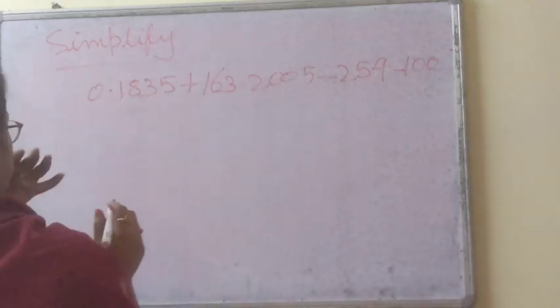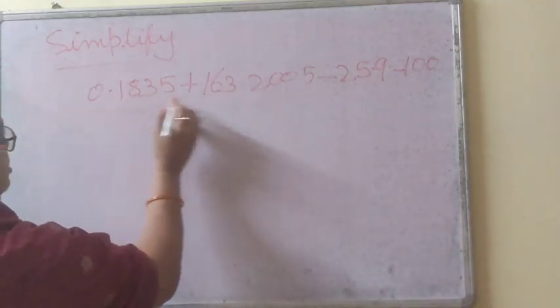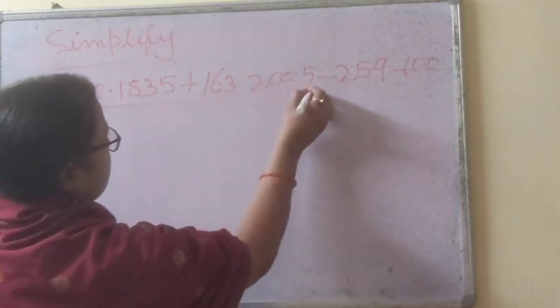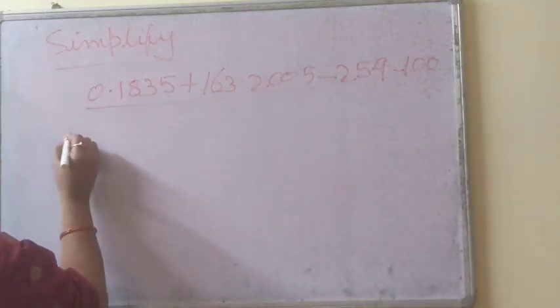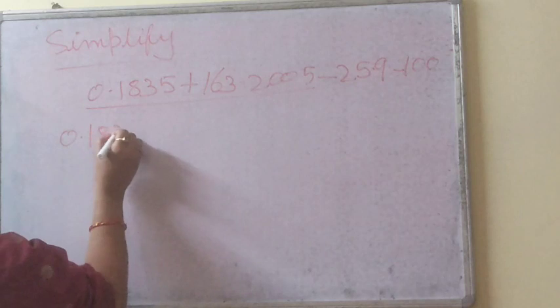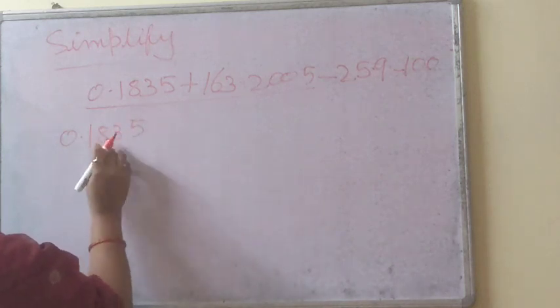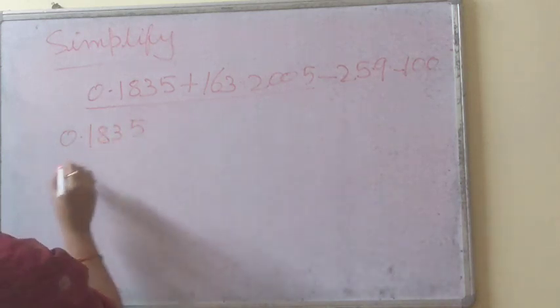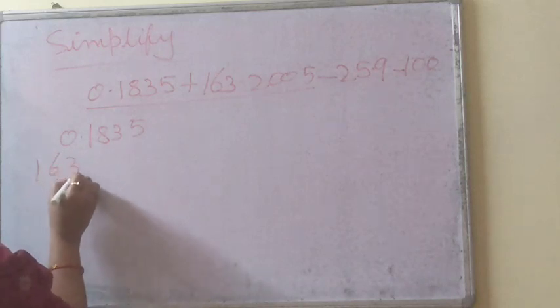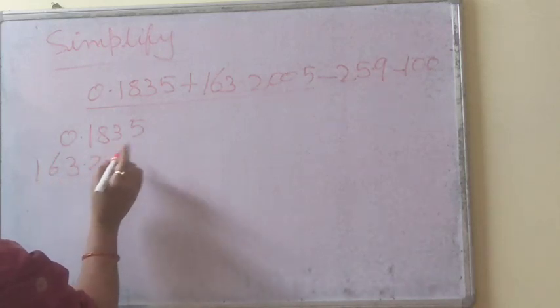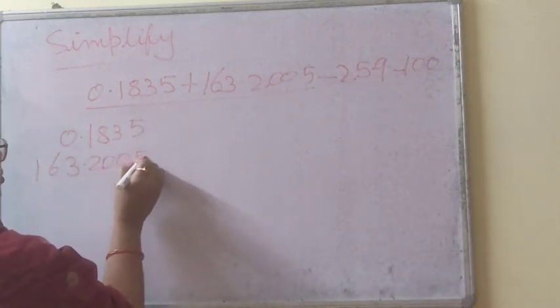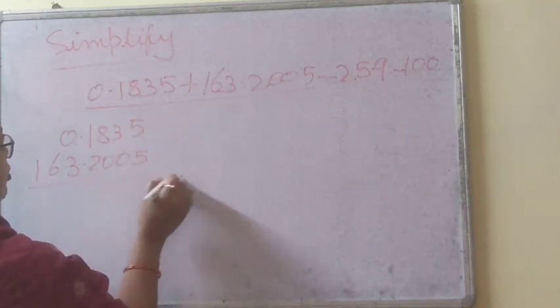Okay, so how will we do this? This is plus, this one is plus. First we will do this part. Okay, so now add 0.1835. Okay, and here is what? 163. So 163.2005.